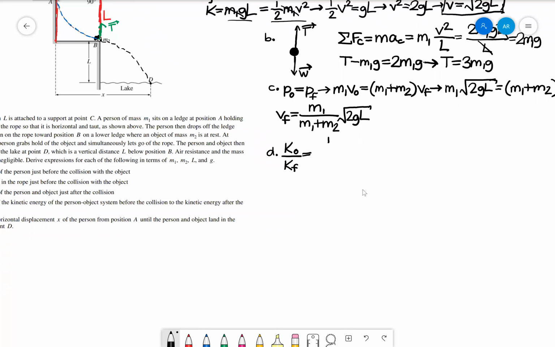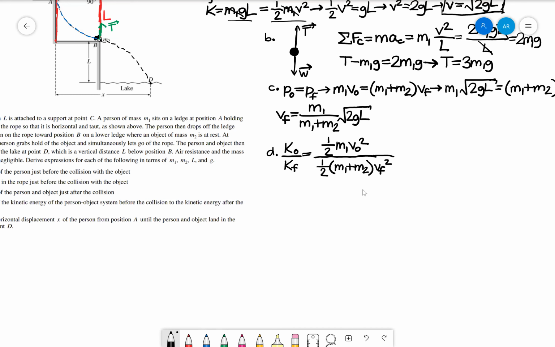So we have 1/2 times m1 times v naught squared. And our final kinetic energy will be 1/2 times the combined mass of m1 plus m2 times vf squared. So essentially, we're trying to find this ratio, and we're going to simplify it as much as possible.